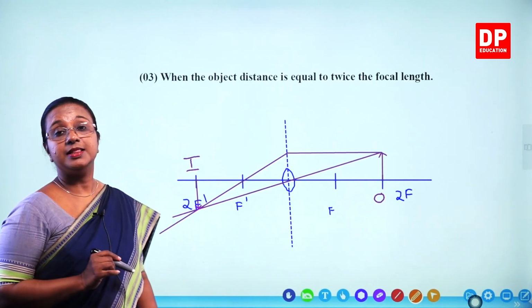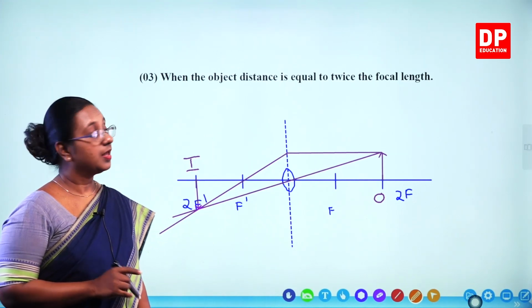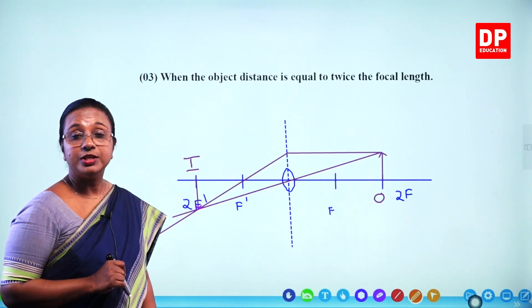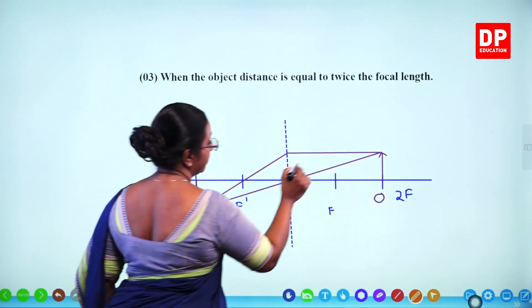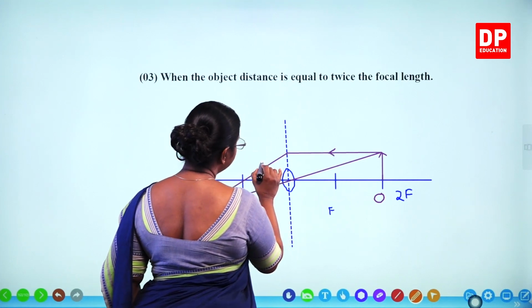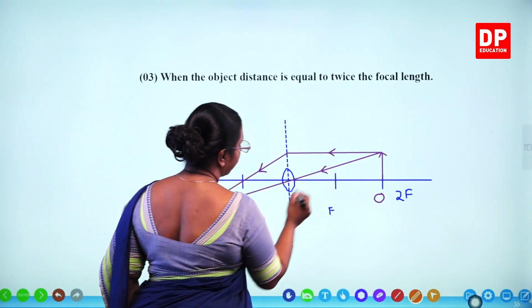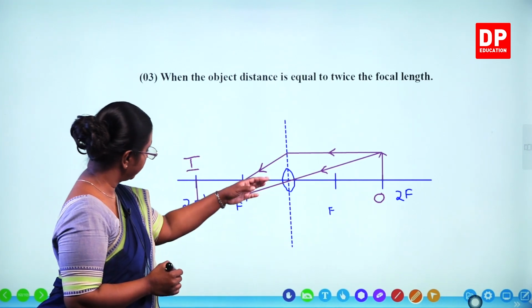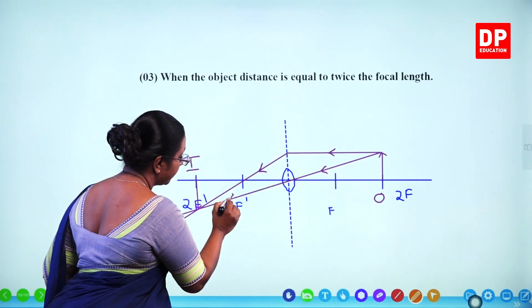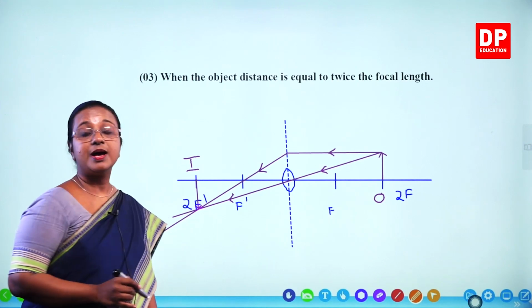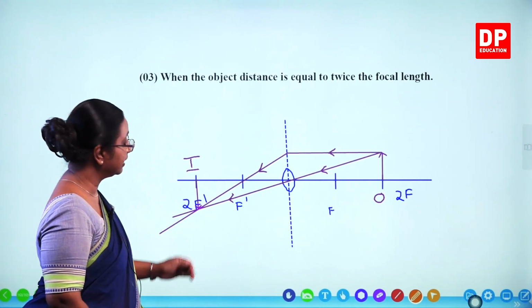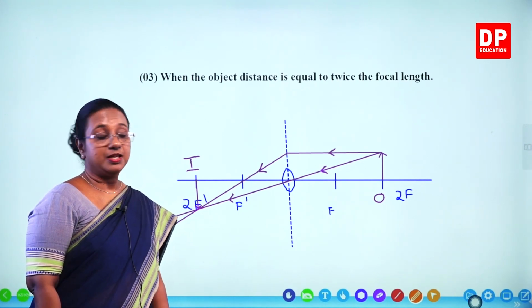What is missing in this diagram? We have to show the direction of the rays. A ray coming parallel refracts through the focal point. A ray coming through the optical center travels in the same path. And the point where they intersect, we get the image.